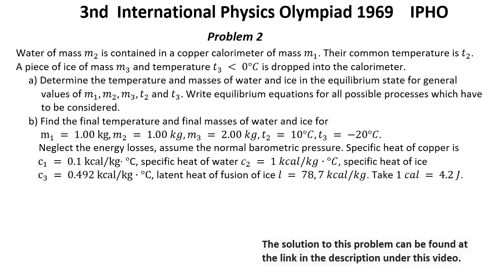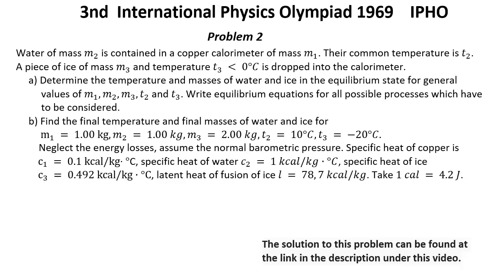Question A. Determine the temperature and the masses of water and ice in the equilibrium state for general values of M1, M2, M3, T2, and T3. Write equilibrium equations for all possible processes which have to be considered.